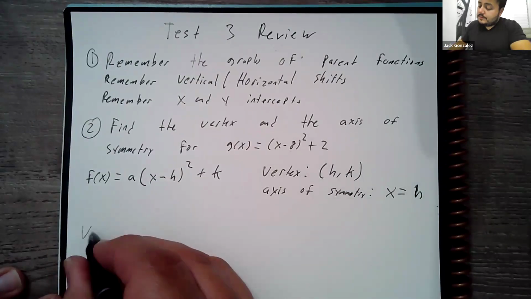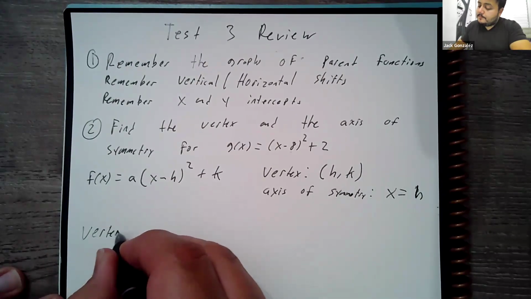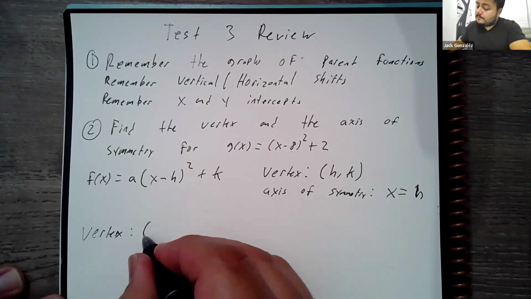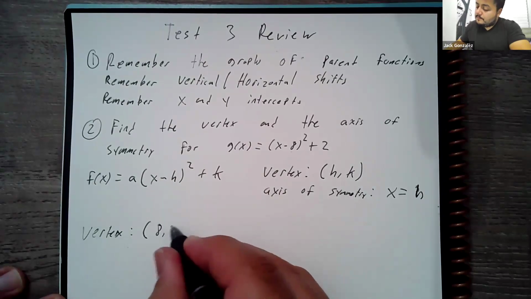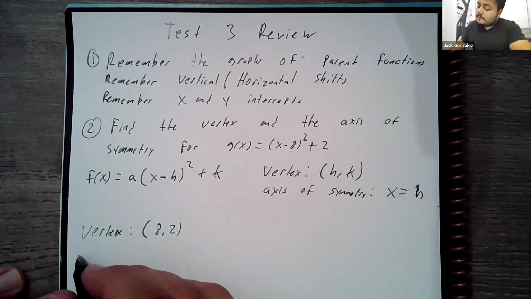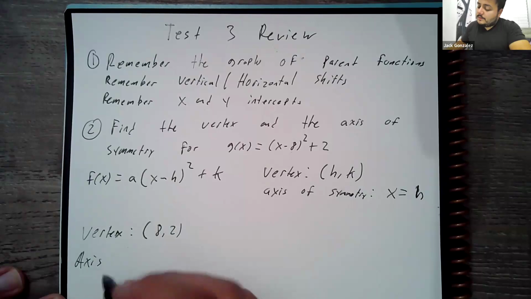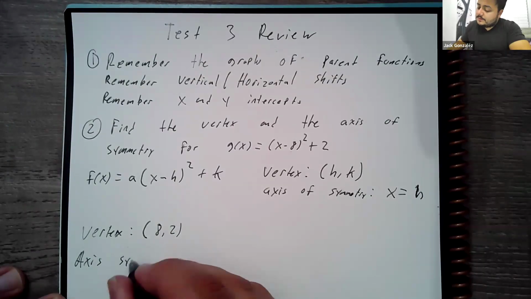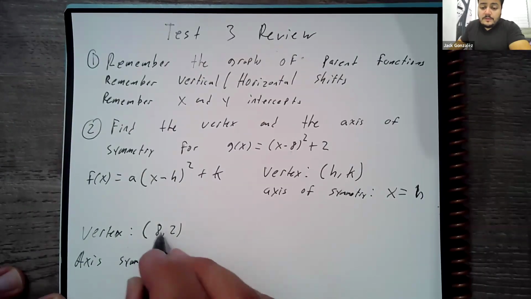So the vertex will be eight comma 2, and the axis of symmetry is the x value for this vertex.